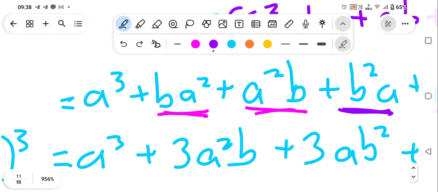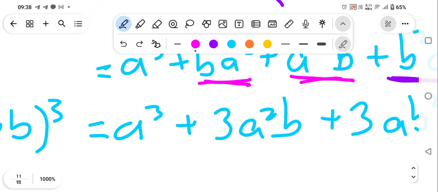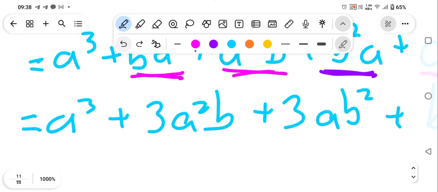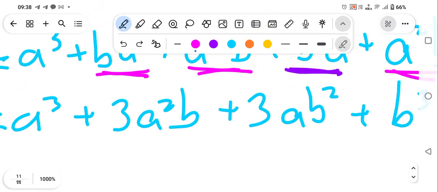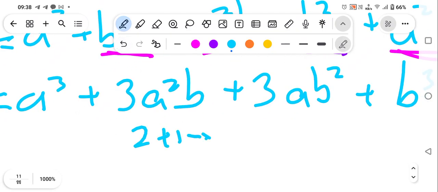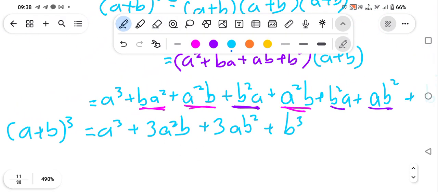And you might notice the first power is always equal to all the powers combined. So we have 3. Even though this is only 2, b is a power of 1, so 2 plus 1 is equal to 3. And this applies to all the terms.